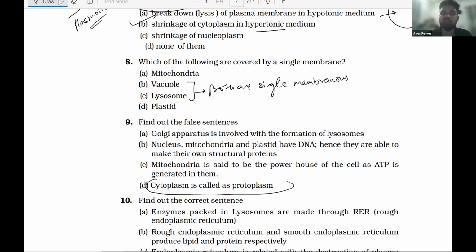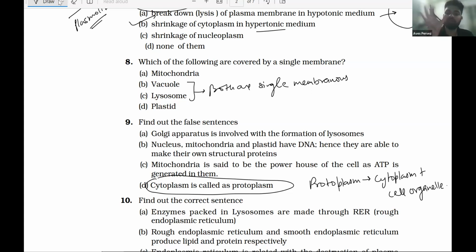Cytoplasm is not considered to be protoplasm, because protoplasm means cytoplasm plus nucleoplasm plus cell organelles. Whatever is present inside the cell membrane is called protoplasm, whether it is cytoplasm or nucleus, whatever is present in the boundary of the cell.